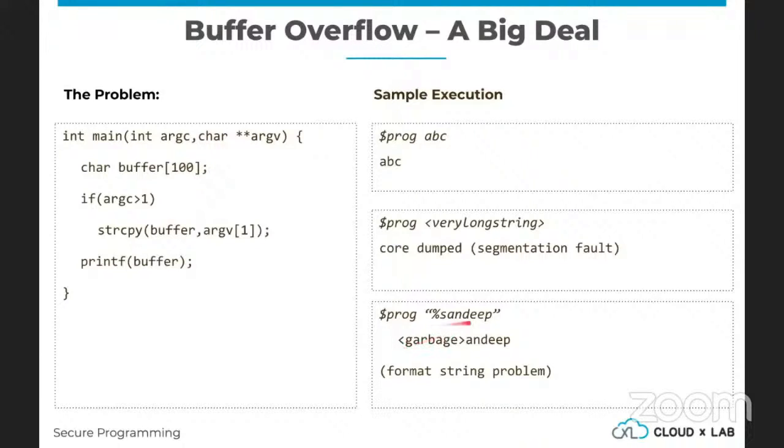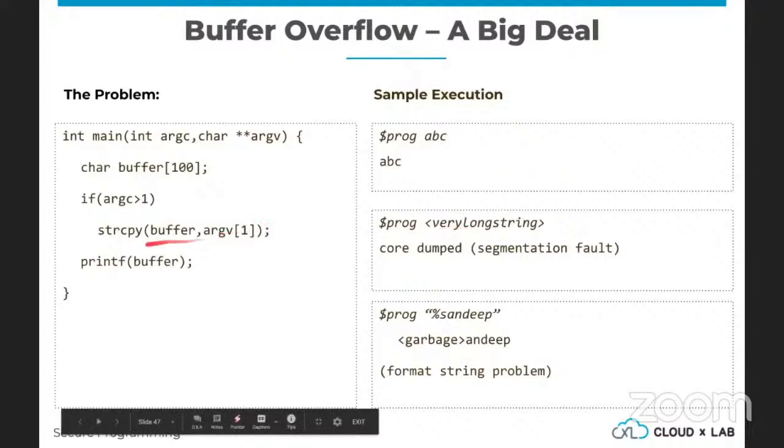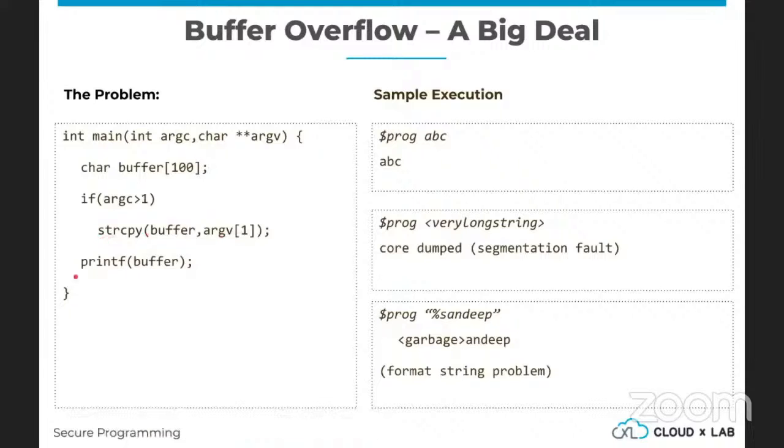Therefore, this could lead to the exploitation of the system. So it has two big problems. First one is the buffer overflow, and the other one is the format string problem. Both are security issues.